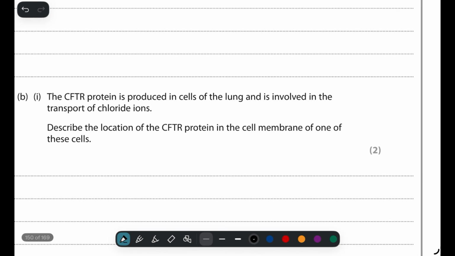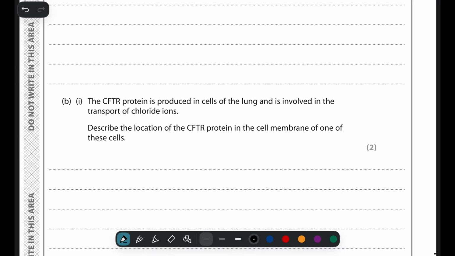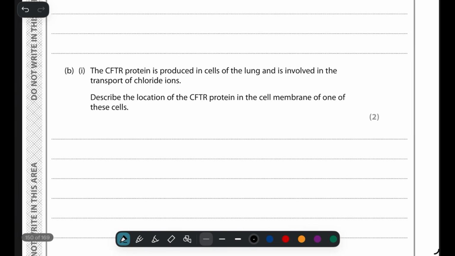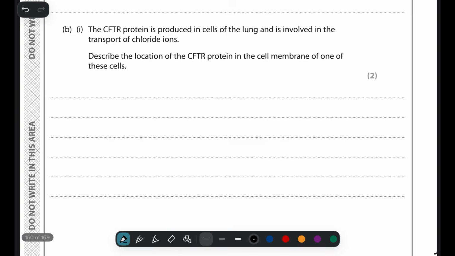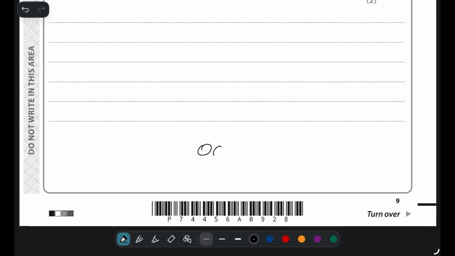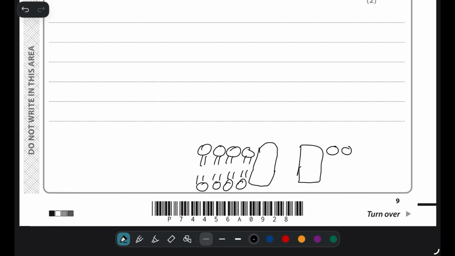Now, the next question: CFTR is produced in the cells in the lung and is involved in the transport of chloride. So describe the location of CFTR in the cell membrane of one of these cells. So again, quite a simple question, I would say. In terms of protein structure, you should remember you've got your phospholipid bilayer, and then your proteins, or your channel proteins, which CFTR is, tend to just be embedded along both sides of the membrane. So they kind of go like that. We'll just do another one here. And then you still have your phospholipid bilayer.